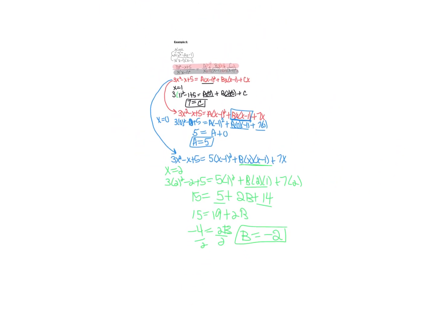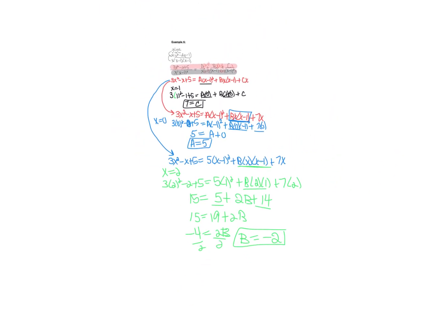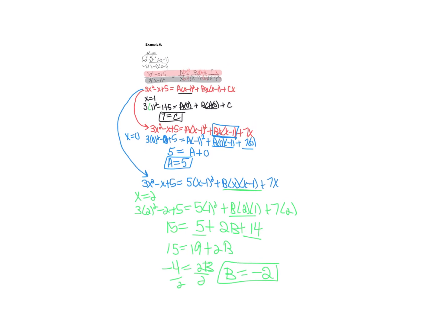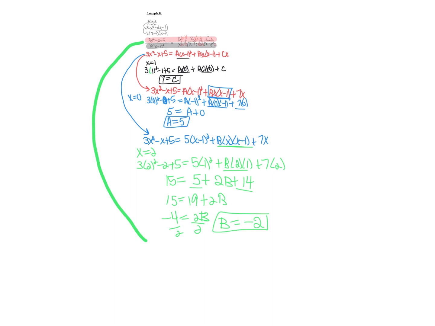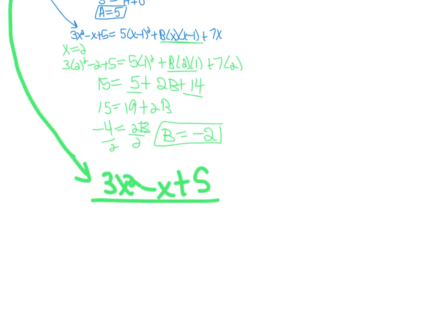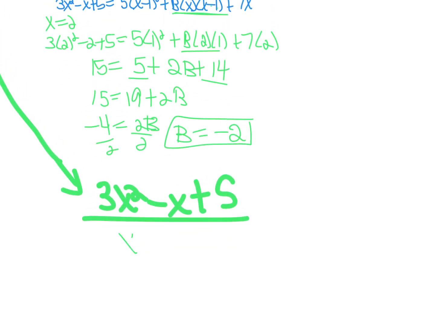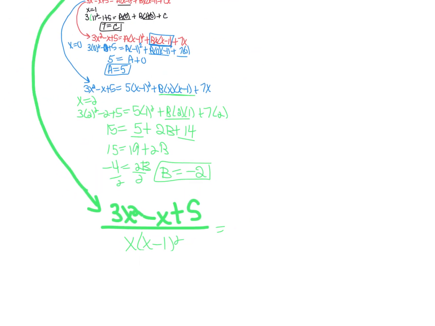So we're going to go all the way back up here, bring it down, and substitute in our a, b, and c. We have that same thing on the left, 3x squared minus x plus 5 over x times (x minus 1) squared, equals, instead of a, 5, so we have 5 over x.